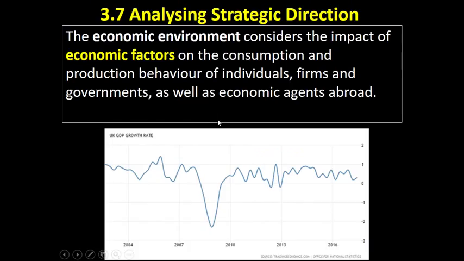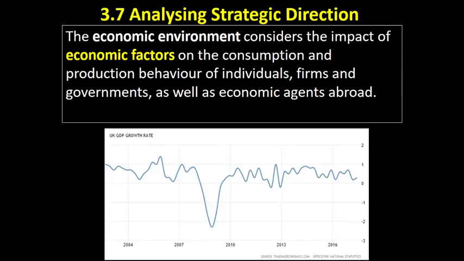Now, just as an aside, it's really important that you keep an eye on what's going on in the economic environment in the UK. It's an area that's changing all the time.